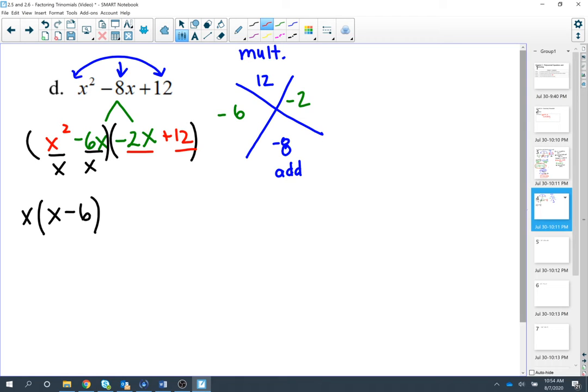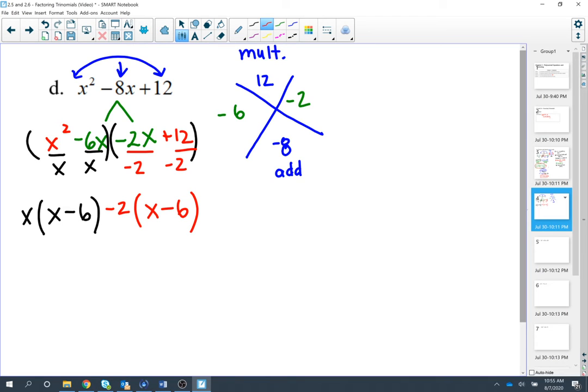Well, yeah, this is kind of the leading term now because it's the first one in that parenthesis. It's not positive, so yeah, I can get a 2, but you're going to want to take a negative 2. So you're going to record it as a negative 2. Okay, then tell me what's left over. So negative 2x divided by negative 2 is positive x, and 12 divided by negative 2 is minus 6.